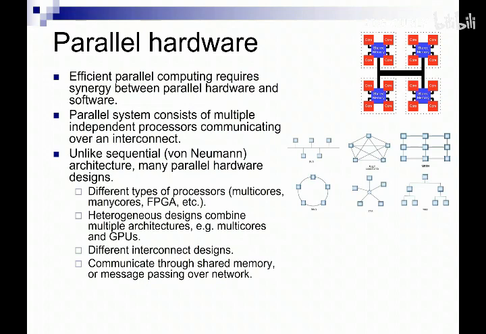We have a star, we can have a mesh, a tree, or even a fully connected architecture. So the communication architecture of the computer has a major effect on the performance of that computer, and also the complexity of building such a computer. So we'll have later lectures which discuss different aspects of designing these interconnect networks.